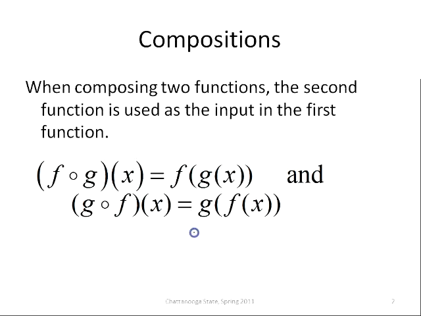The notation for this, if the two functions you're using are f and g, we have the function f of x and we have the function g of x. Well then f composed with g looks like f, then the little circle, then the g. This means that you take the function g and you put it inside the function f.